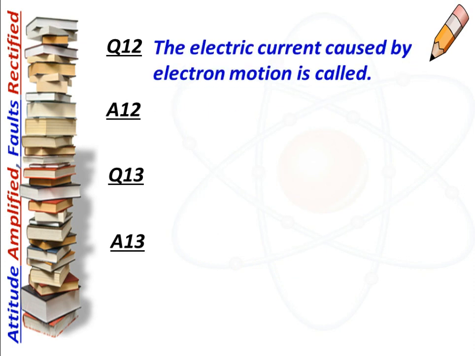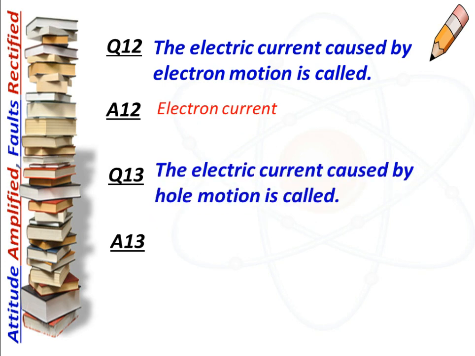The electric current caused by electron motion is called electron current. Next question is, the electric current caused by hole motion is called hole current.